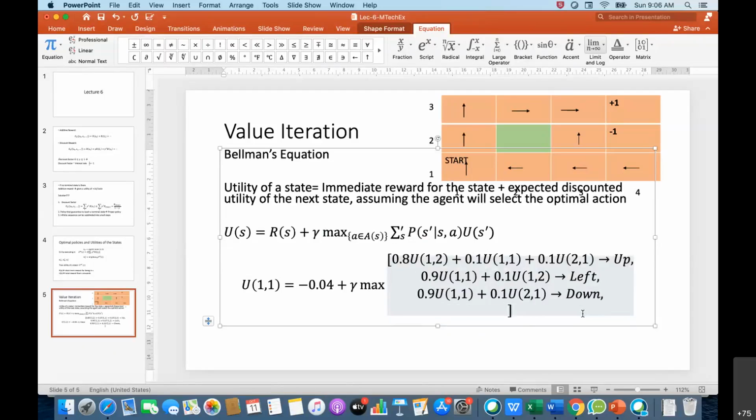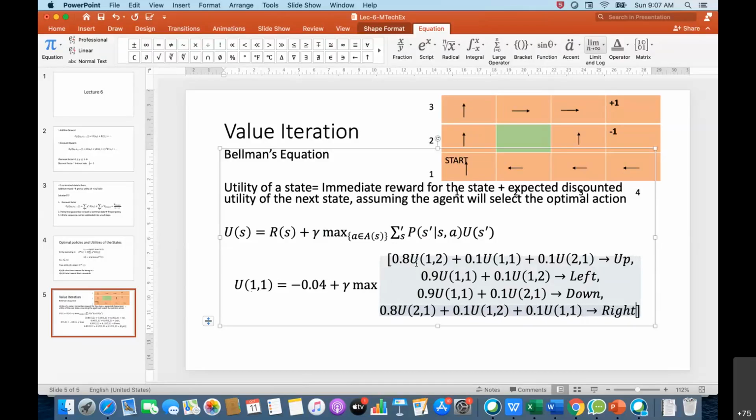Then there is 0.8 probability of being there in 2 1, plus 0.1 probability of being there in 1 2, and plus 0.1 probability of being there in 1 1. So this is for the intended action right.